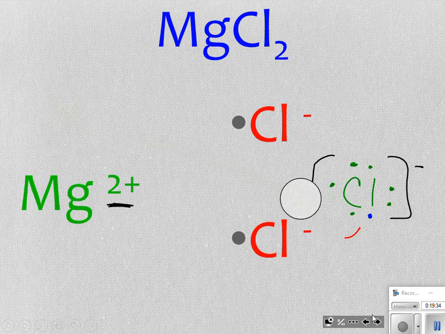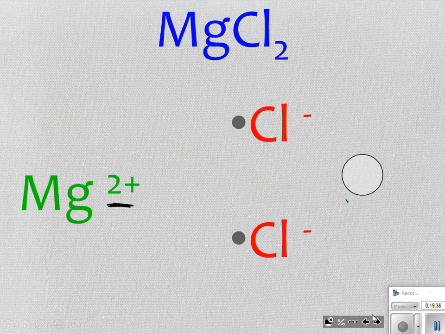Why do I need 2 chlorines? Because I need my charges to balance out. I know magnesium has 2 electrons to give, so I'm going to need 2 chlorines. When we talked about bonding, we talked about calcium chloride.